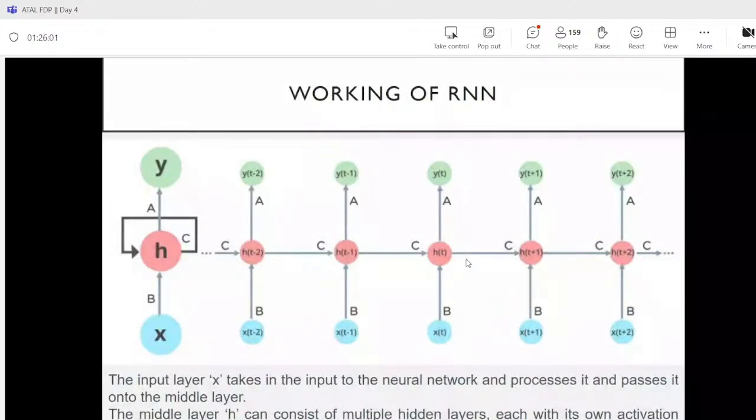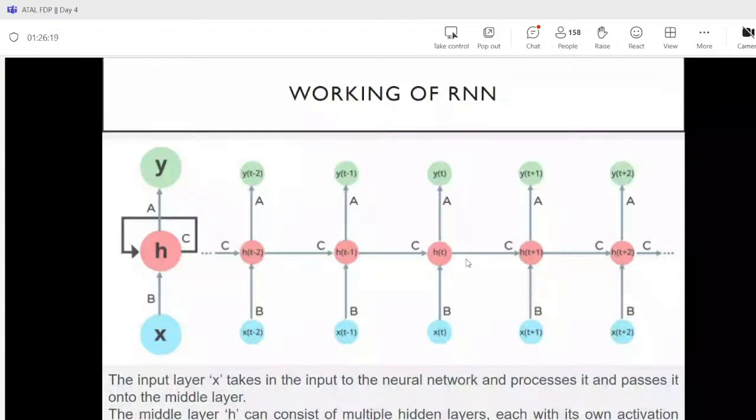Now, if we have a neural network with various parameters of different input layers which are not affected by the previous layer, what does it mean? The neural network does not have memory. Be very clear.